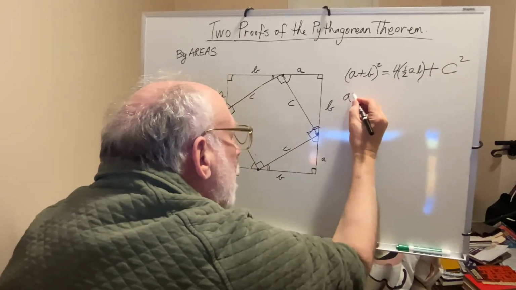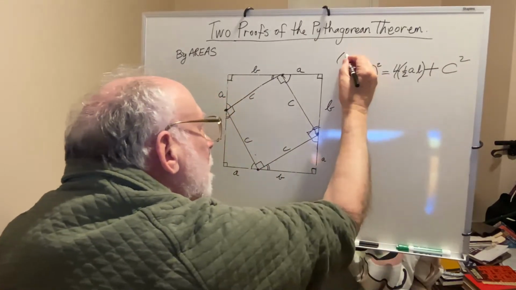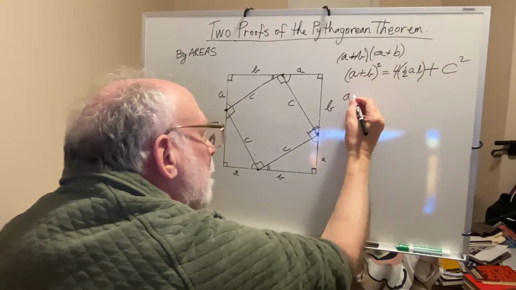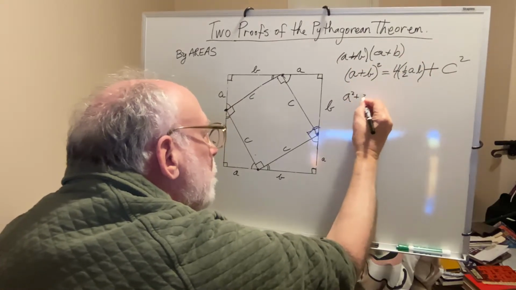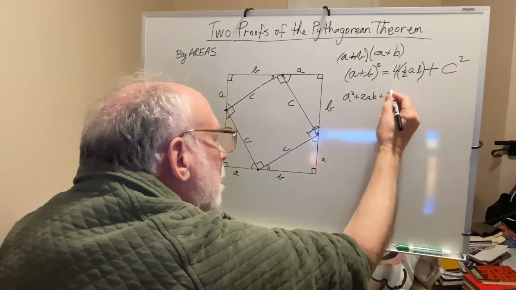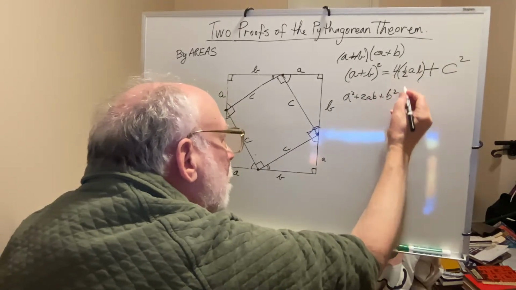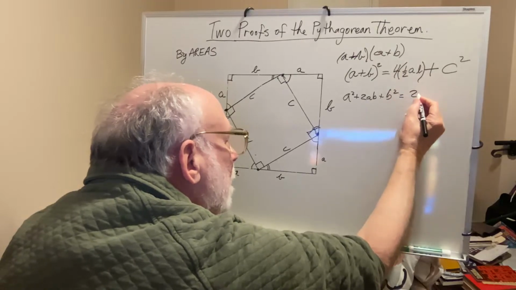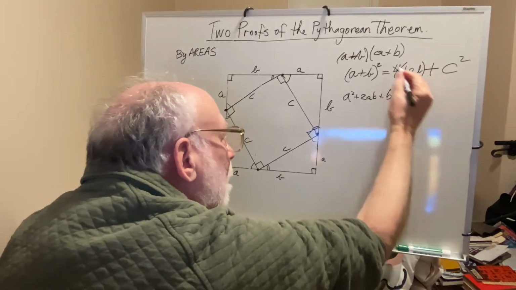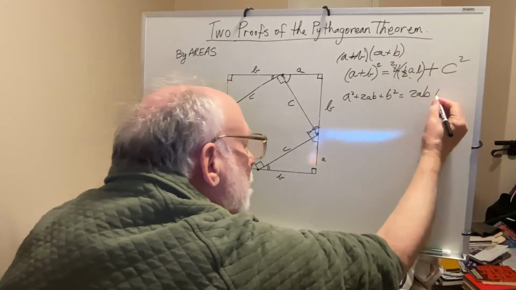So we have A plus B squared, which by FOIL is going to be A squared plus 2AB plus B squared. This is going to equal 2AB plus C squared.